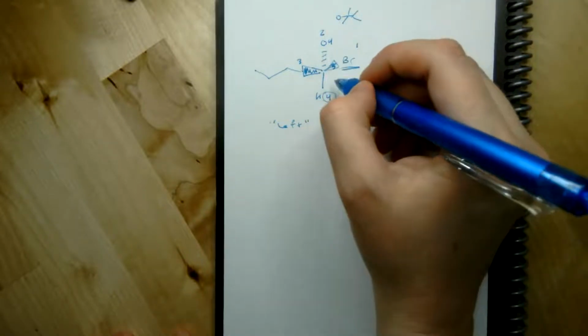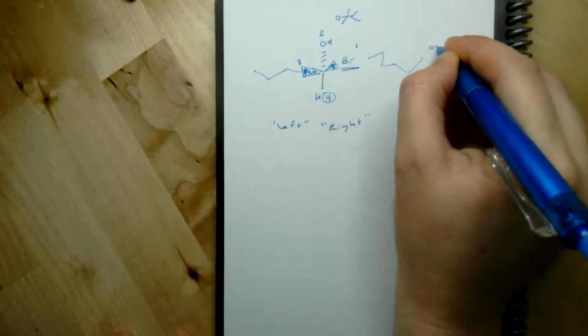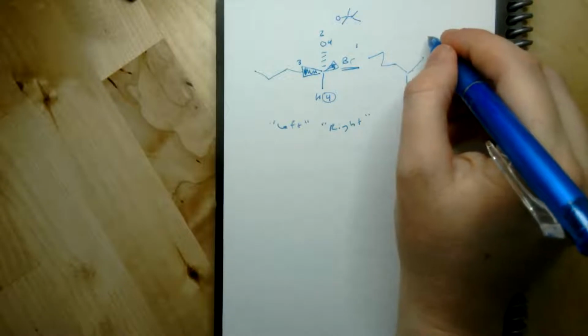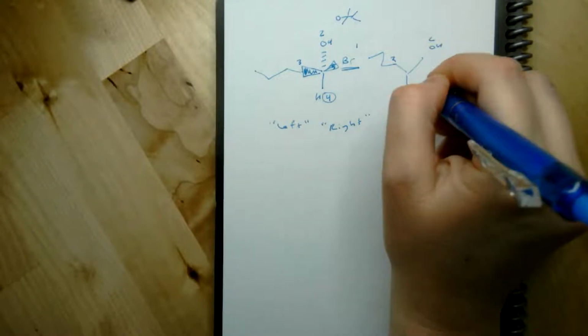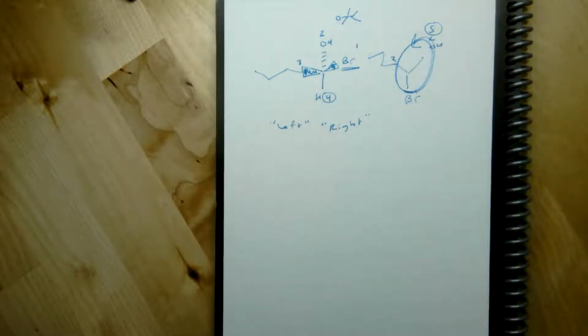So that would be easier for me to visualize. Then the CH3 chain would be here, the OH would be here, and the bromine would be pointing down. And then I would just go 1, 2, 3, and that's going to the left, and the hydrogen's pointing away from us, so that's S.